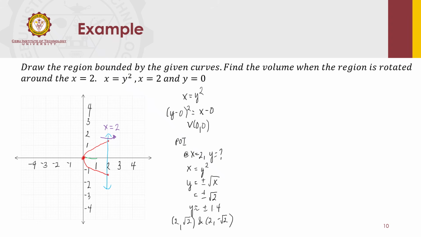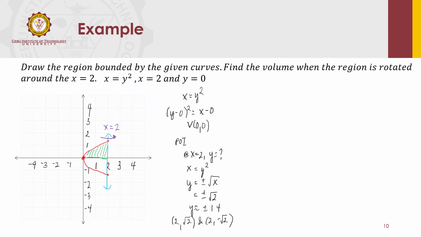So it's not the entire parabolic segment that we are going to rotate about x equals 2, but only this part here, the upper part of the segment. Let's repeat that, assuming that this is already a straight line. This is the area that we're going to rotate about the x-axis, sorry, not x-axis, x equals 2.